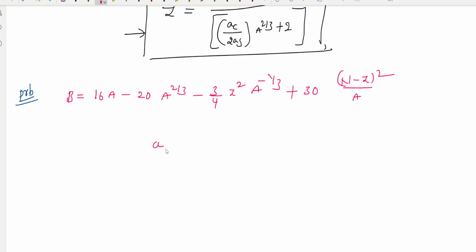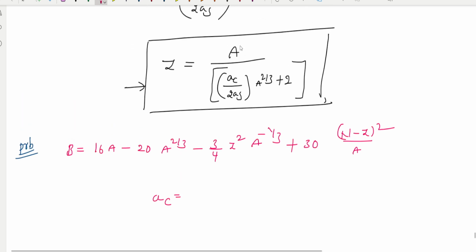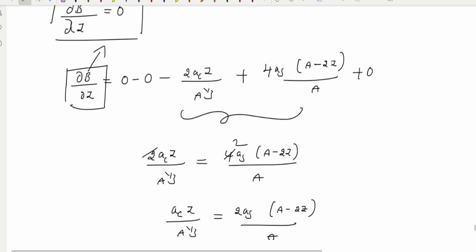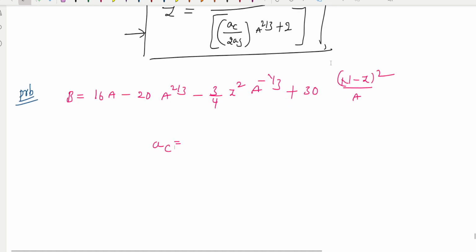So ac equals, using our binding energy formula, the A minus Z term, 3 divided by 4 as per the given question. Asymmetric is minus 30, this is the asymmetric value, and this 3 divided by 4 is the Coulomb value.